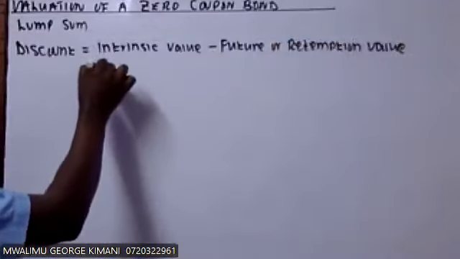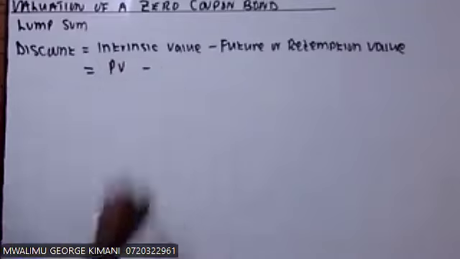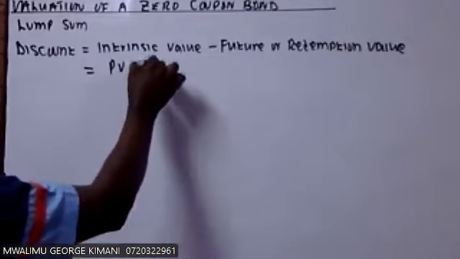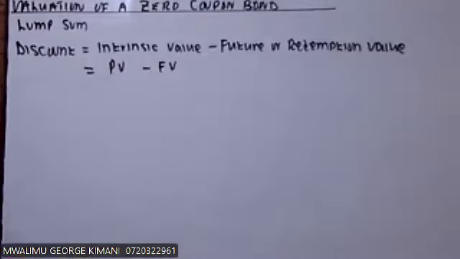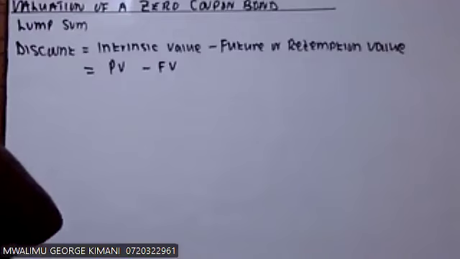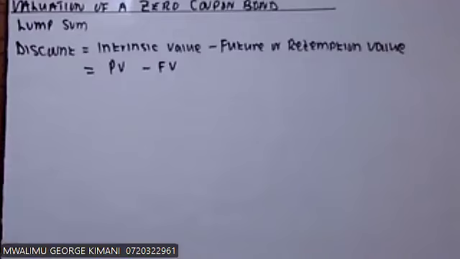Now in terms of initials, this is PV minus FV, the present value minus the future value.